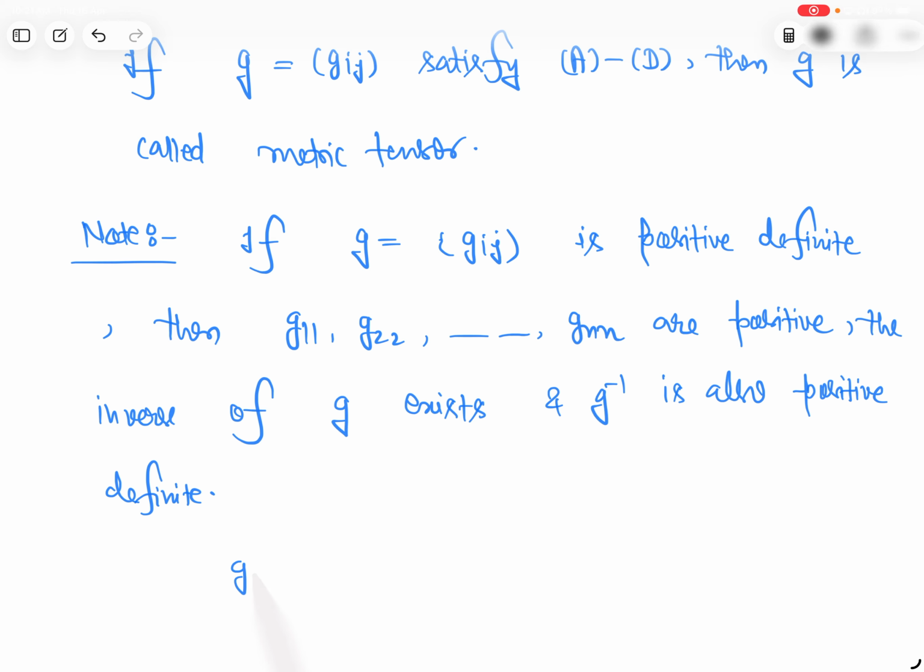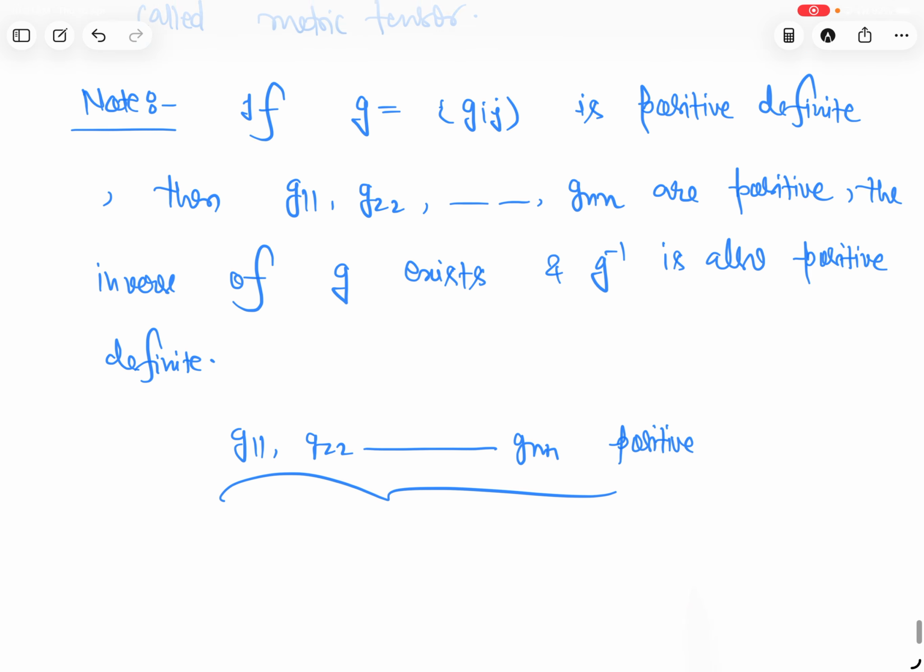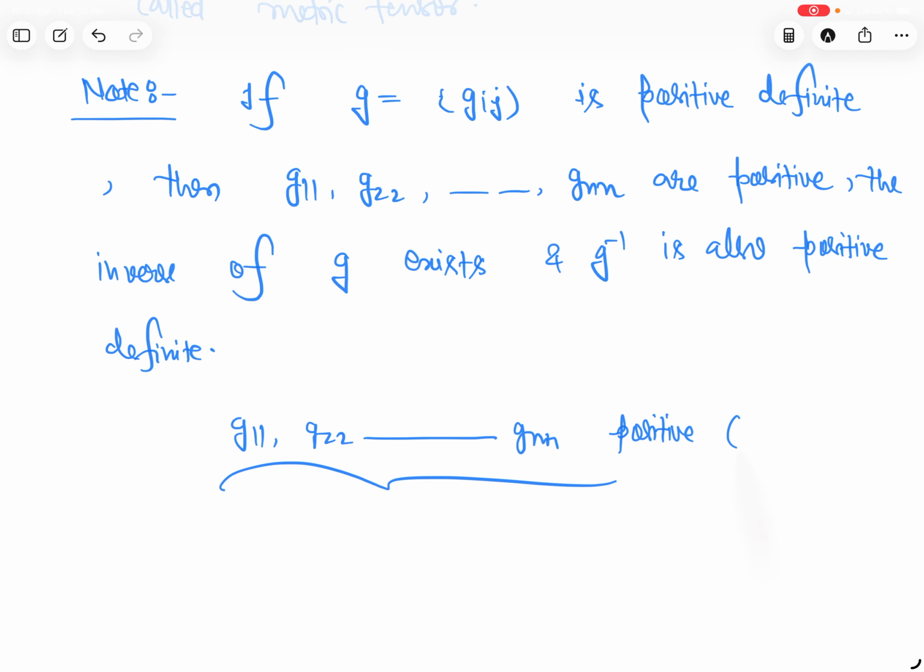Here I am saying G1, G2, up to Gn is positive. Positive means what? That means they are positive on non-zero values. If we put a non-zero value inside them, the function gives a positive value. Okay.